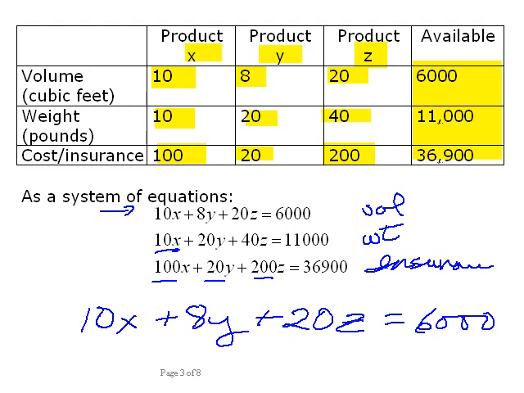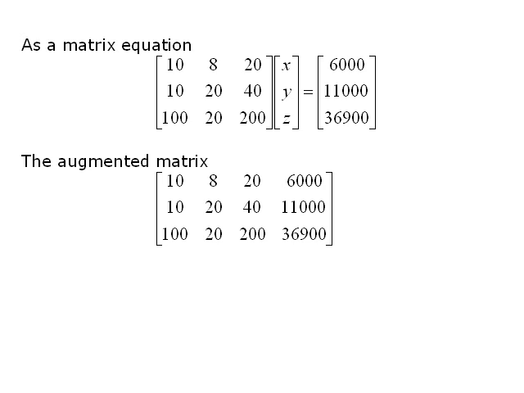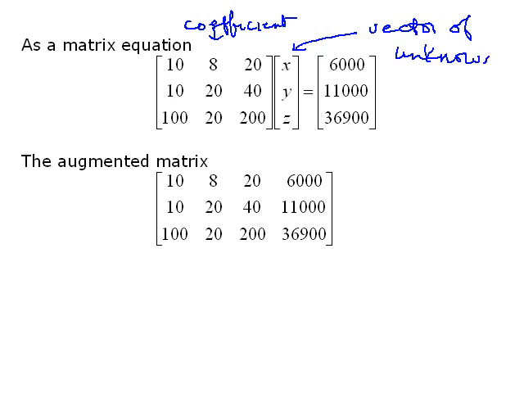So now I'm going to write those as a matrix equation. So here's a matrix equation. You remember this was your coefficient matrix, the first one. And the X, Y, and Z is the vector of unknowns. And the third matrix is the solution matrix.